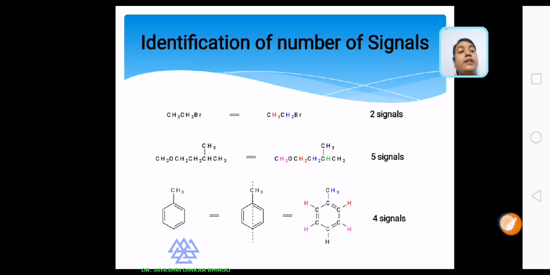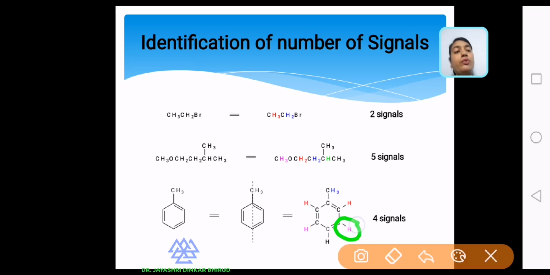Like that, this CH group below, which is also present on both sides, is also in the same chemical environment. On the above side it is attached to a CH, and on the below side it is attached to a CH. This CH group is also attached to a CH on both sides. Therefore, this highlighted CH group below is also in the same chemical environment and gives one signal.